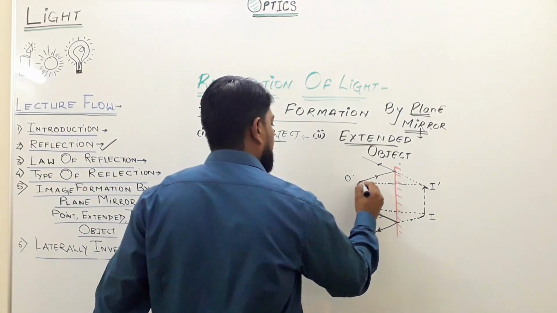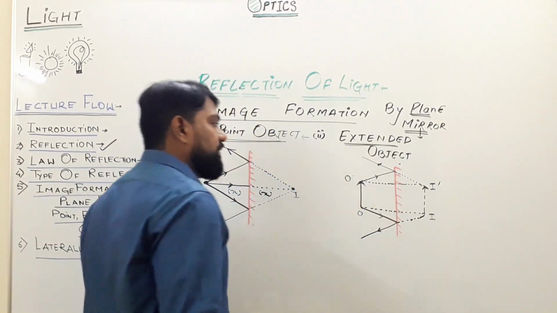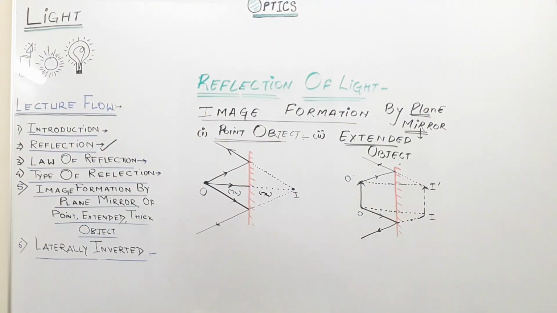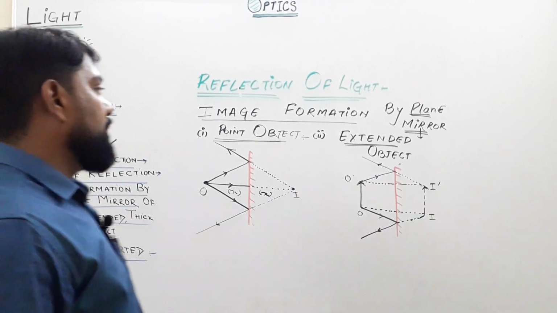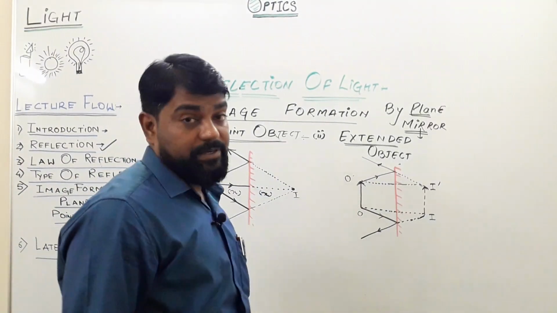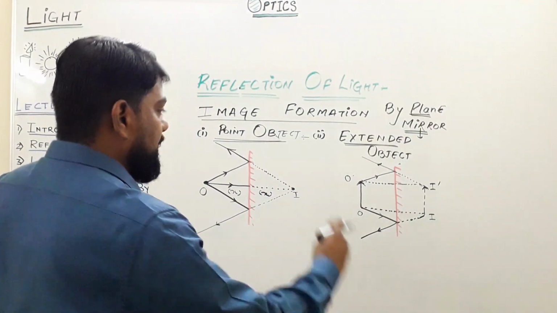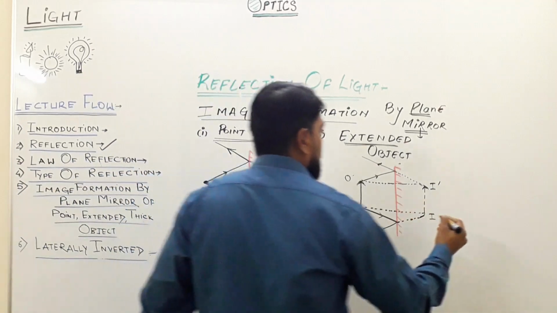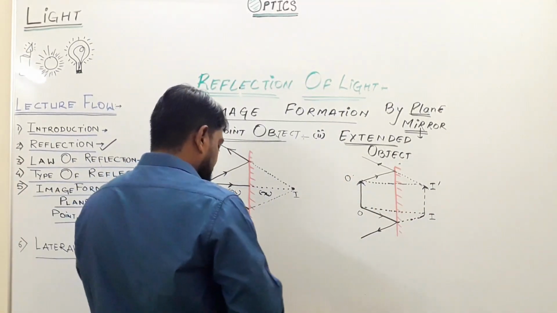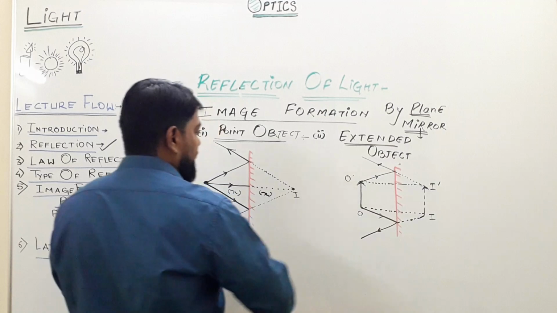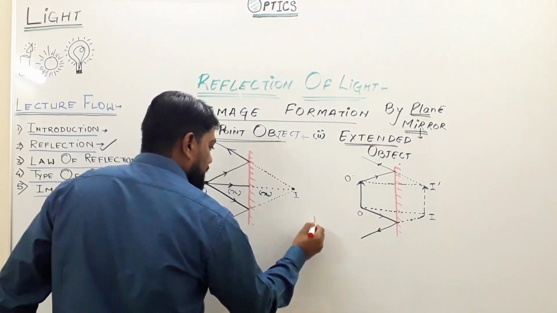So in this way, the image formation takes place of any extended object. If you want, you can make it a little bit tilted also, so that will be also good for you all. Suppose we take one more example for the extended object.